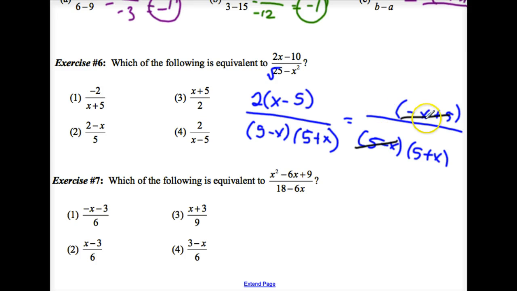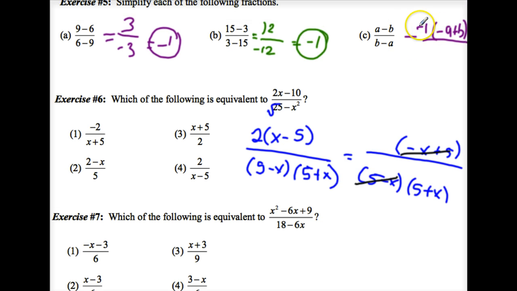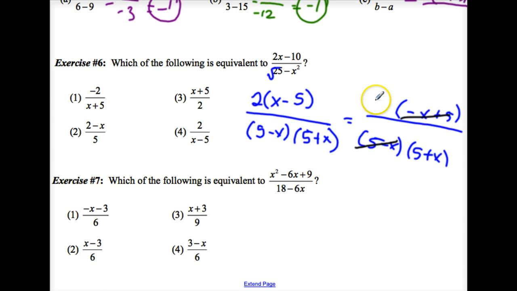Now if I multiply by a negative, remember up here that I just erased, I multiplied this by a negative in order to get back there. So now, since there is a 2 out here, all I need to do is make this 2 negative. And just to show you that this works, if I distribute this over, I'm going to get 2x plus 10, which is 2x minus 10, sorry, a negative times a negative times a positive is a negative.